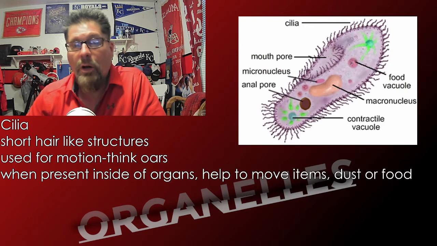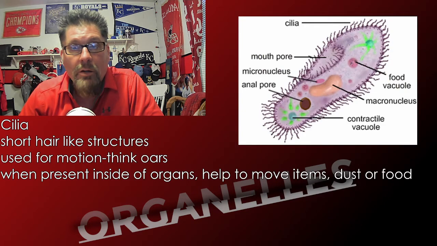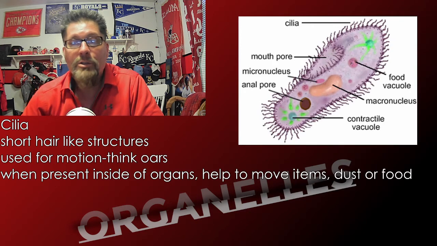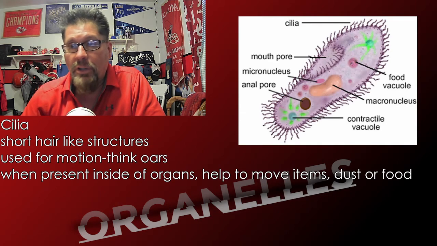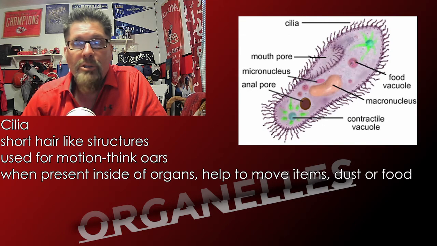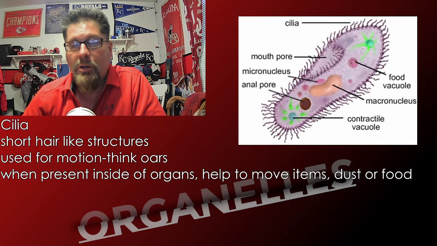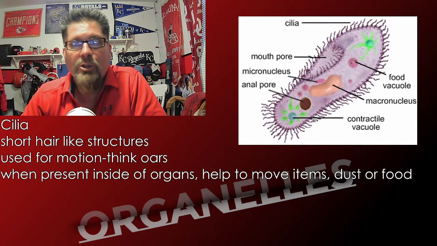Our next organelle to talk about is the cilia. Cilia, again, used for motion. But when you think about this as far as motion, because they have many, they have lots of them, as you can see there in that picture beside me. Think about the movies that you've seen with those big Viking ships as they're going across the ocean, and they've got 10, 15, 20 people on each side with those long oars rowing in unison.